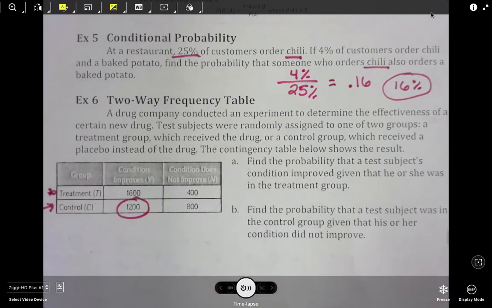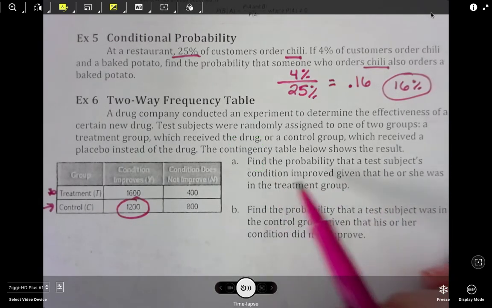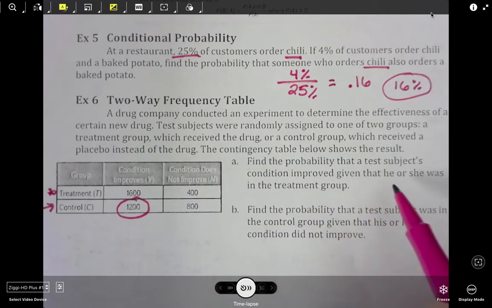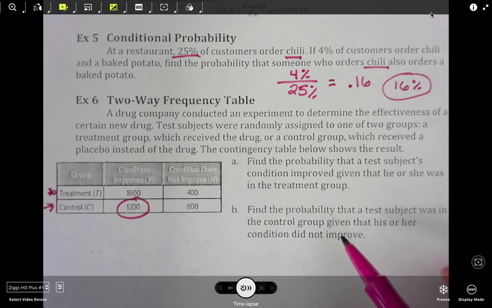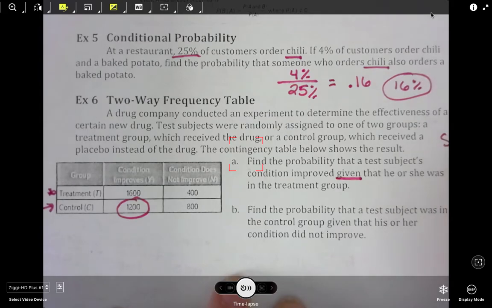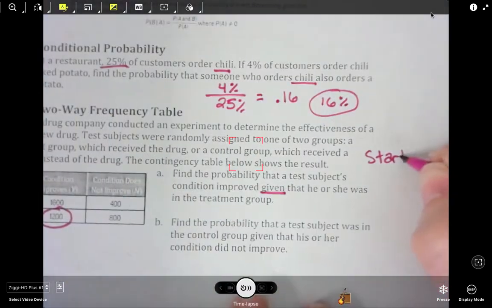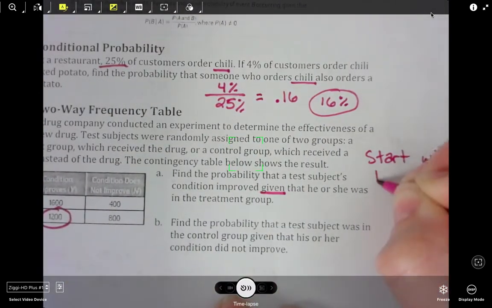It says, for part A, find the probability that a test subject's condition improved given that he or she was in the treatment group. Now, I always start with after the given. Now you can't see this. Start with the given.